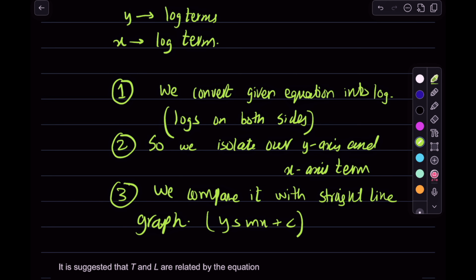And so when we follow these steps, we basically acquire our desired values. So we get m and c, our gradient and our y-intercept, and these help us to determine our unknown constants or our unknown values.